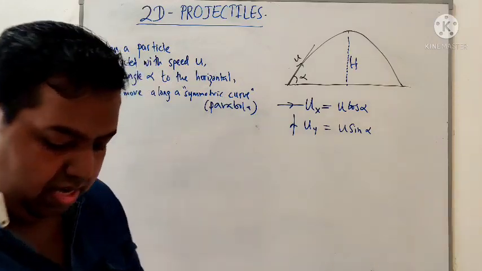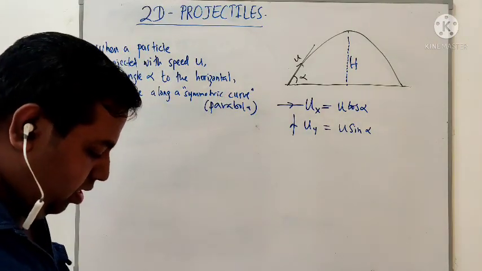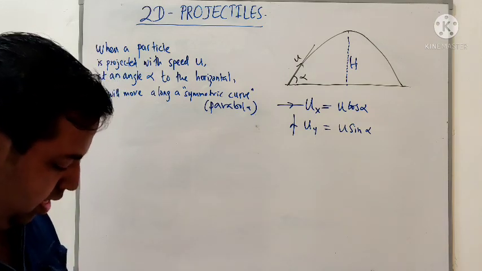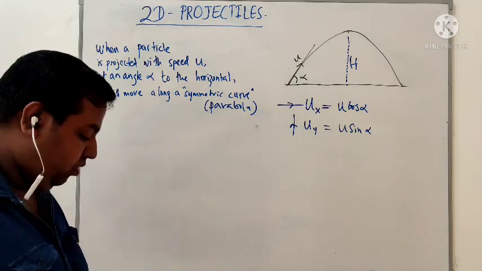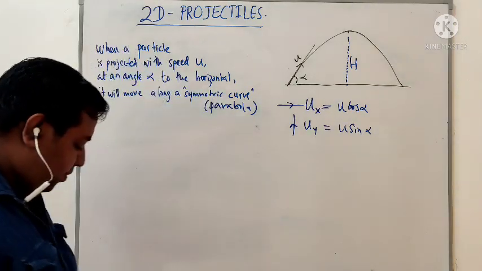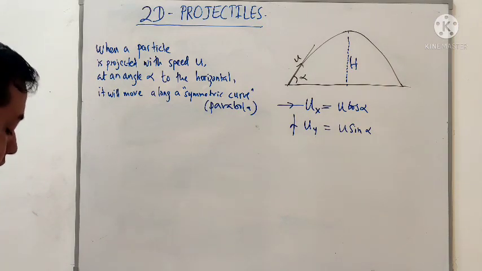Then another important thing: here, u is the initial speed, called the speed of projection of the particle.